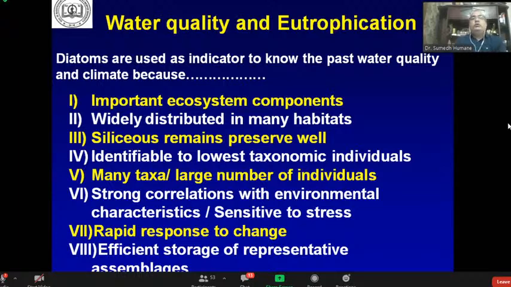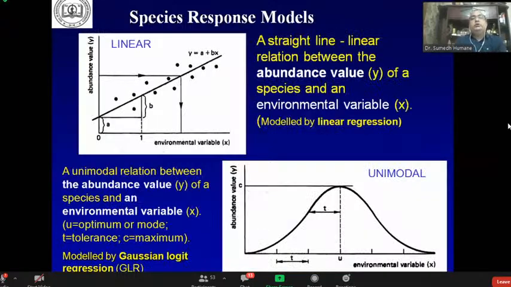So when you study the diatoms, you need to correlate them with the water quality, using the topmost samples of the core. You have to compare them with physicochemical parameters like pH and salinity. You can use two models. One is called the linear model. Here, you look at the linear relation between the abundance of the diatoms and environmental variables like pH, temperature, and salinity.